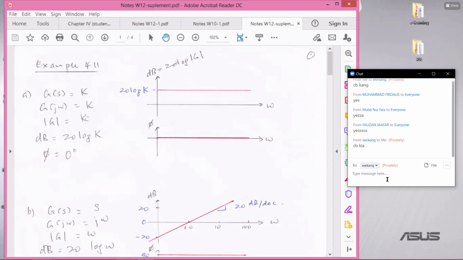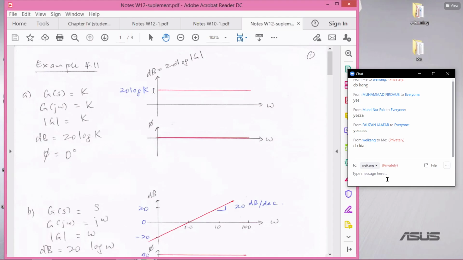It is just a constant. So the decibel is also not going to change, because it is a constant, 20 log k, not 20 log as a function of omega. So this is just a constant. And the phase angle of a pure real number is just 0.